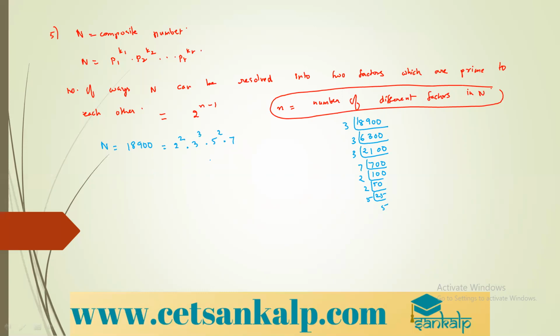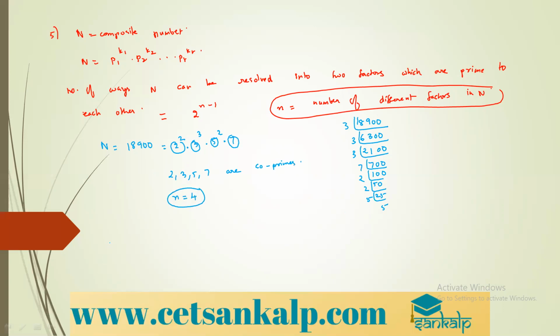Now, what are the prime factors mainly here? 2, 3, 5, 7. These 2, 3, 5, 7 are prime to each other. They are called co-primes. So the number of such co-primes we have is 4.